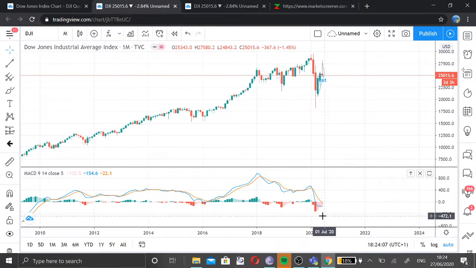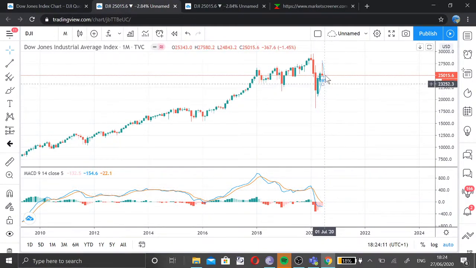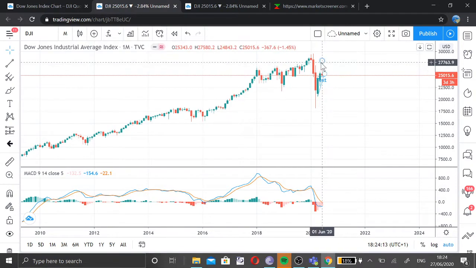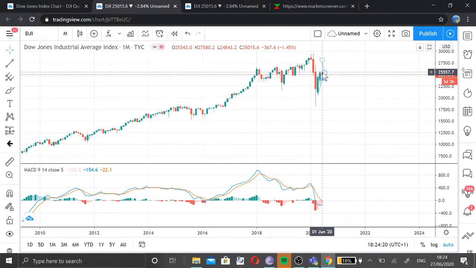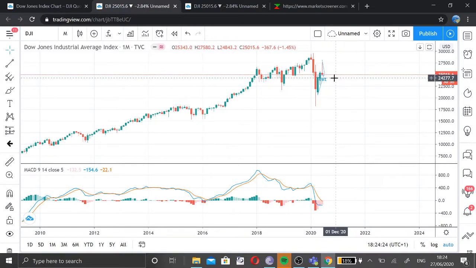So on the monthly chart here, the MACD histograms are reducing. However, you can see here that there is a big bearish candlestick formation, like a gravestone doji, which again shows a weakness in the index.